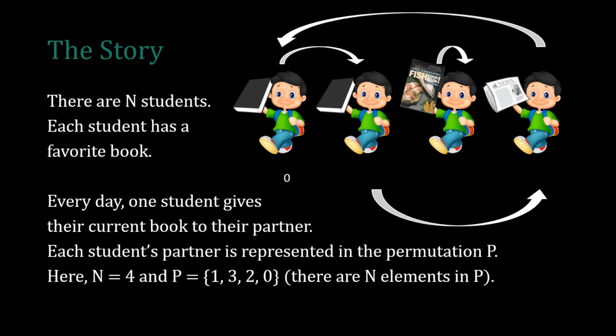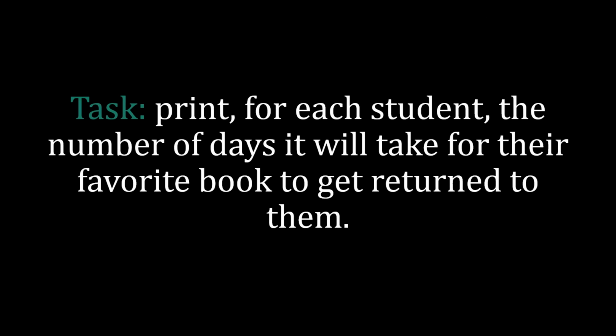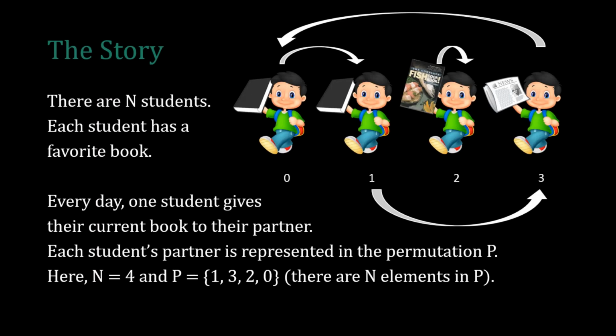So here is the task. The task is to print for each student the number of days it will take for their favorite book to get returned to them. For example, in this example, for student number 0, it will take exactly 3 days, because the first day the book will be in the hands of number 1, then the next day, day 2, in the hands of number 3, and day 3, it will be in the hands of number 0.